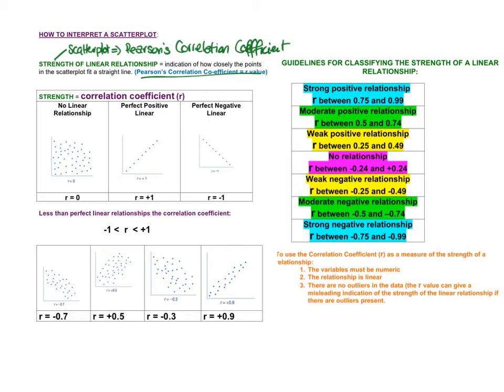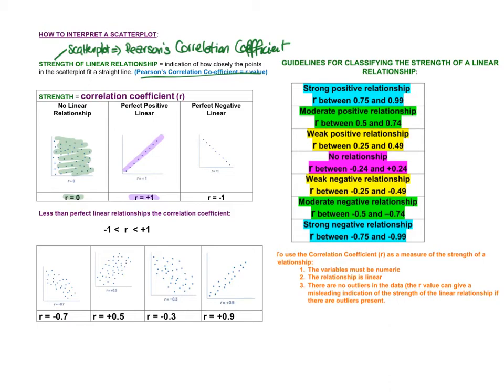If you have an R value of 0, there's no relationship. So can you see all the dots are everywhere? Okay, if you have a perfect linear relationship, so you can see that this line is a perfect straight line, you get an R value of +1. So positive 1 is a perfect positive linear relationship.